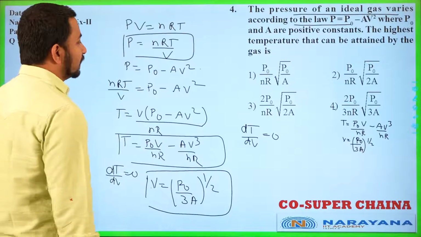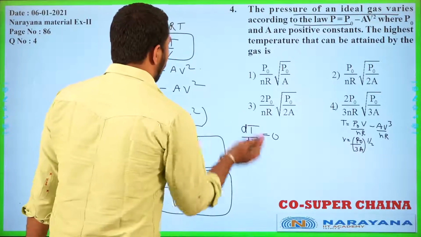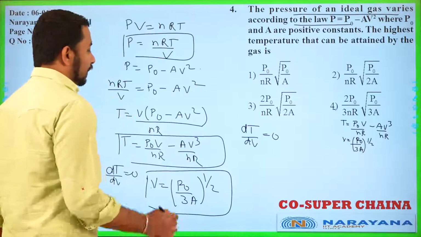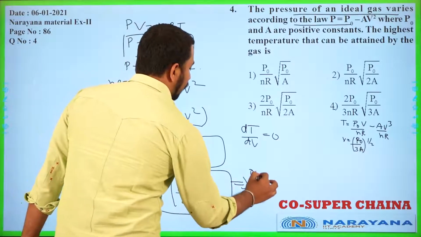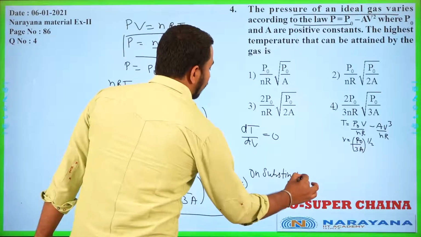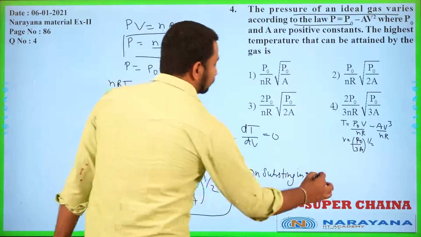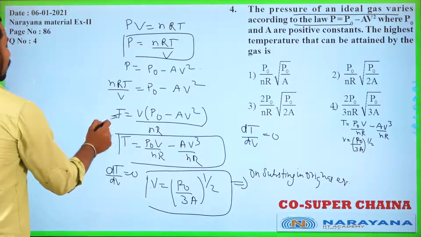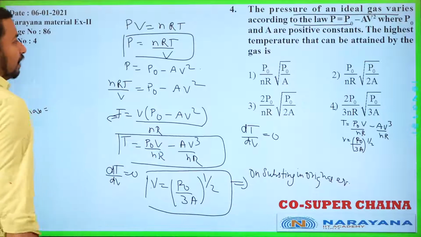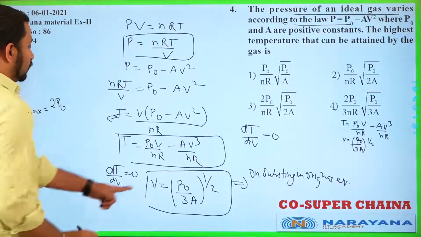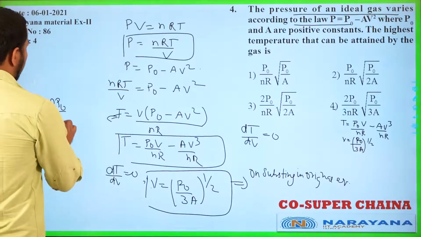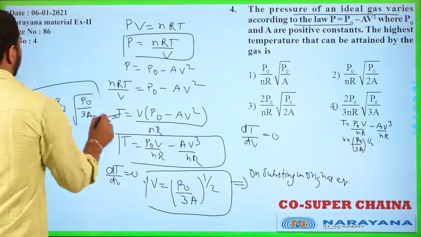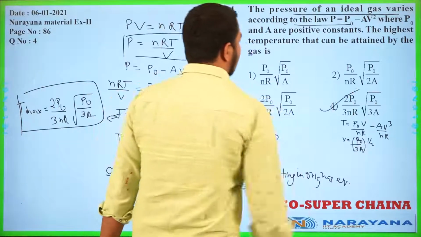On substituting the value of V in place, we get T max as 2 P naught by 3nR under root P naught by 3A, and that will be the answer of this question. So if we check the options, this is the correct option.